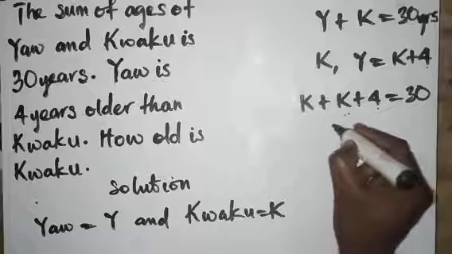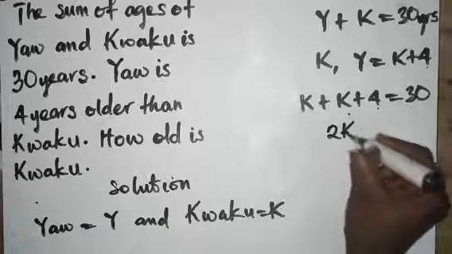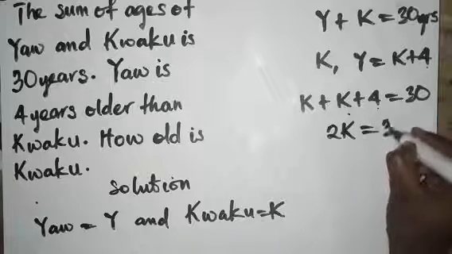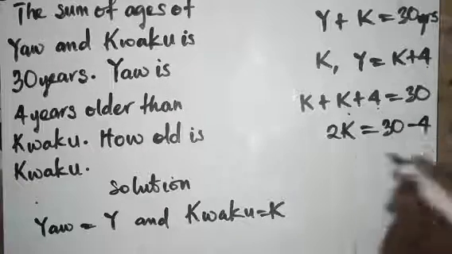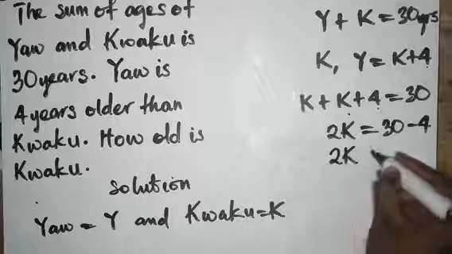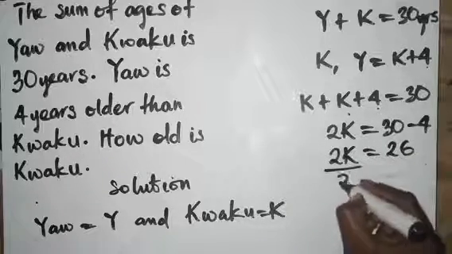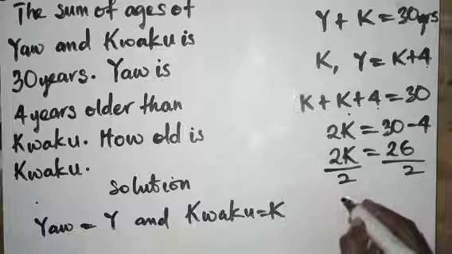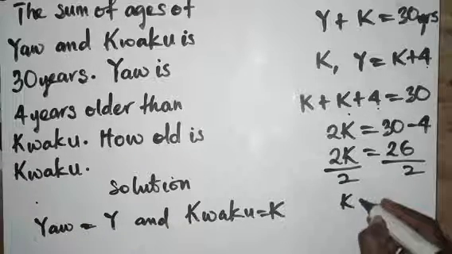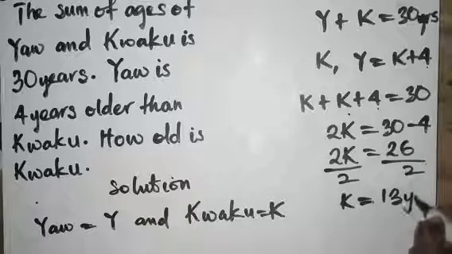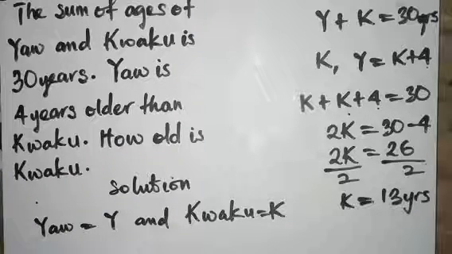So K plus K will give me 2K, equals 30 minus 4. So 2K equals 26. Divide here by 2, divide here by 2. So K, Kweku, equals 13 years. So at this point, Kweku's age is 13 years.